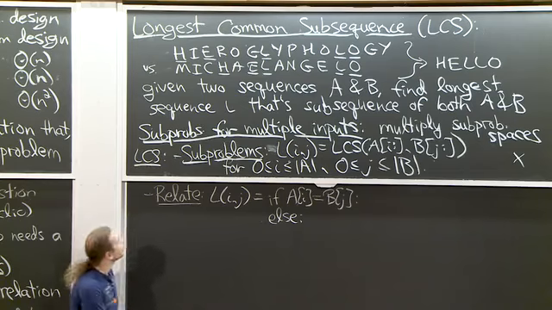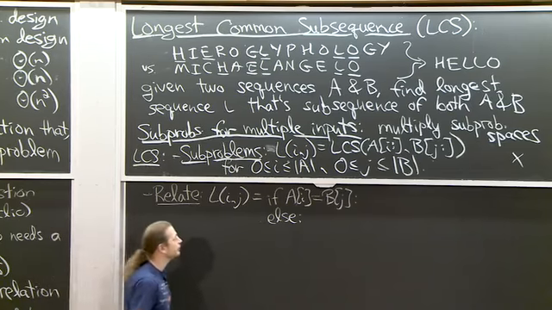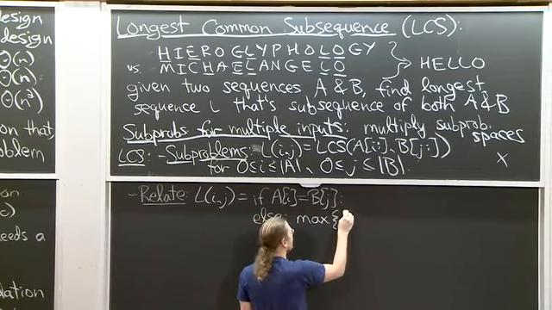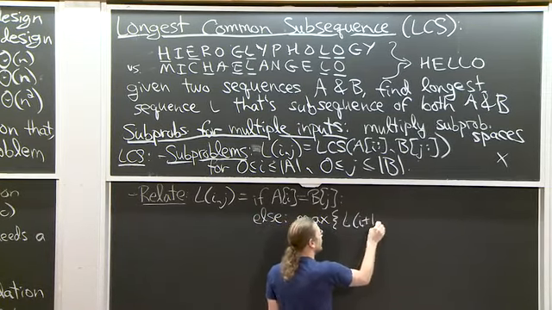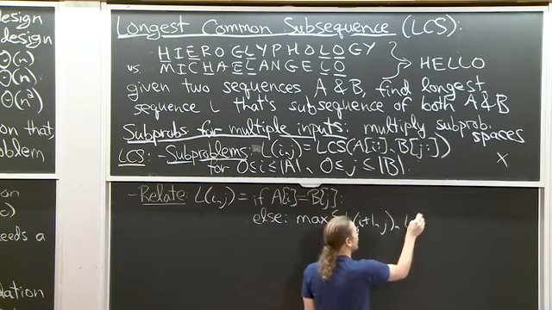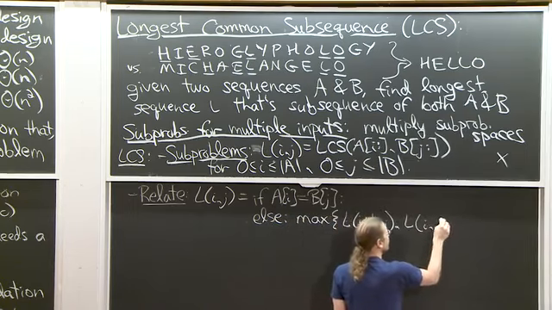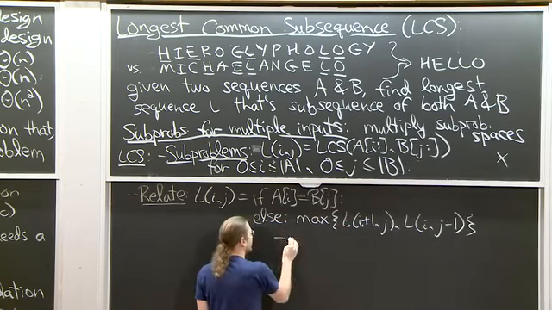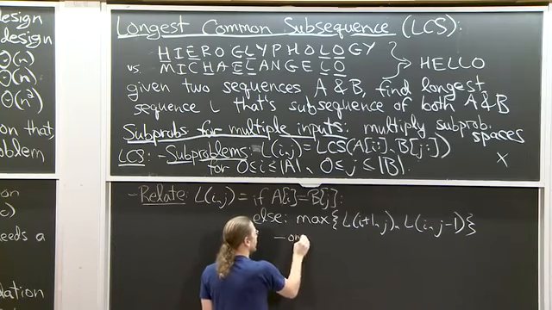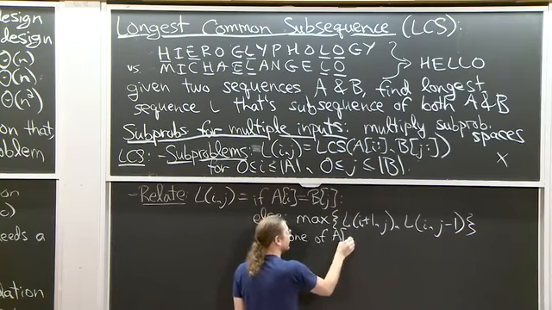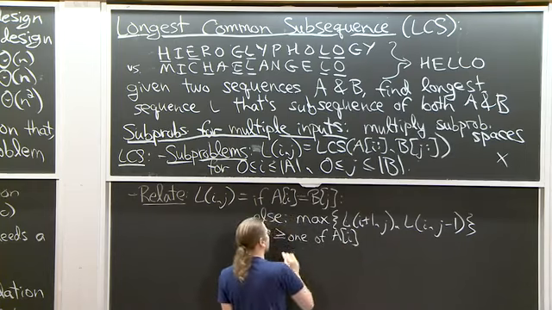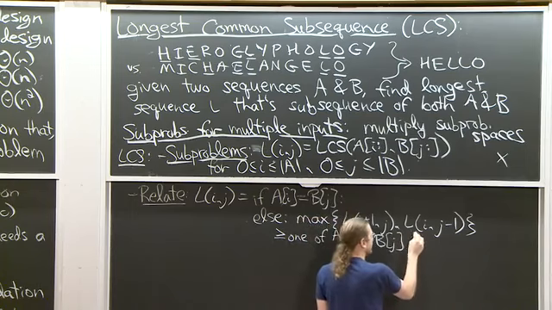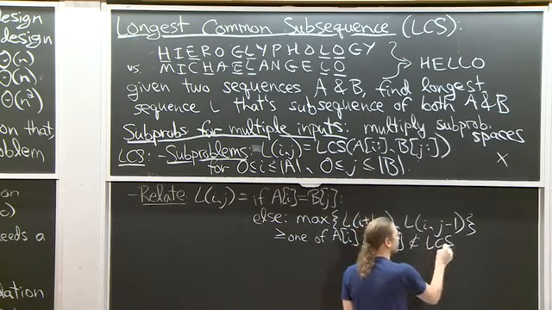And then we're trying to maximize the length of our common subsequence, so we'll take the max of L of i plus 1, j and L of i, j plus 1. So the intuition here is that at least one of A i and B j is not in the LCS.